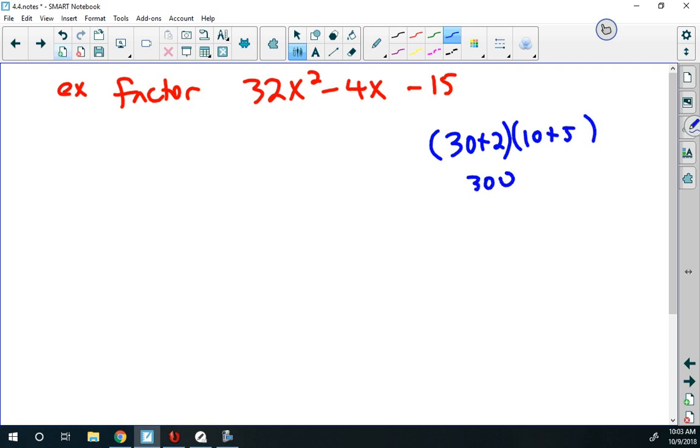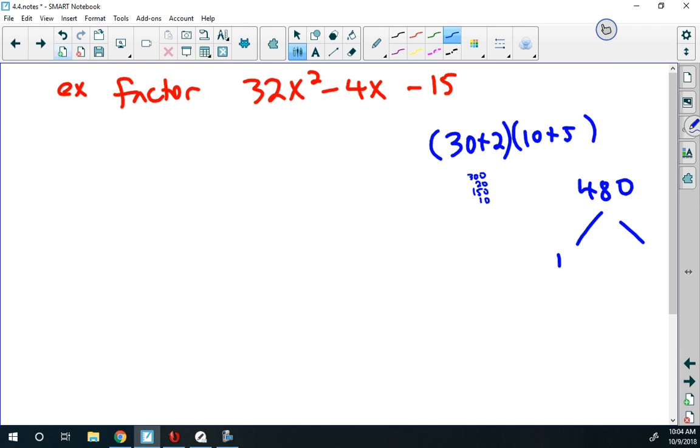It's going to be 300, another 20, another 150, and another 10, right? So it's going to be 450, 60, 70, 480. So I want 480's factors. All right? You guys never saw multiplying that way? Okay. Well, anyway. So I want 480's factors.